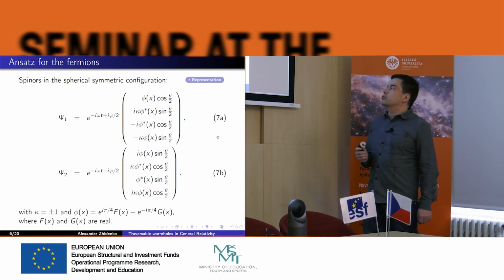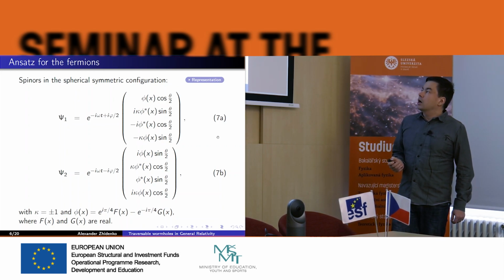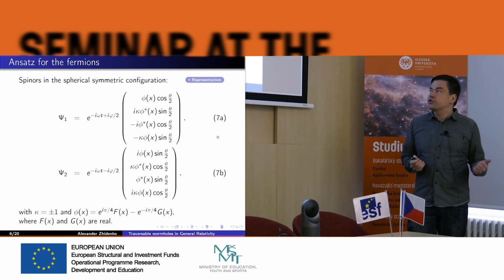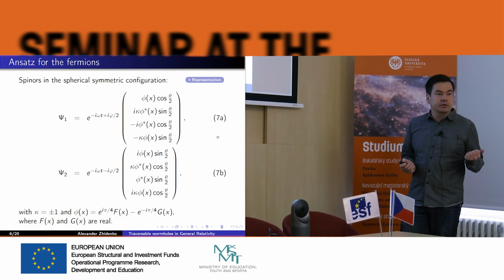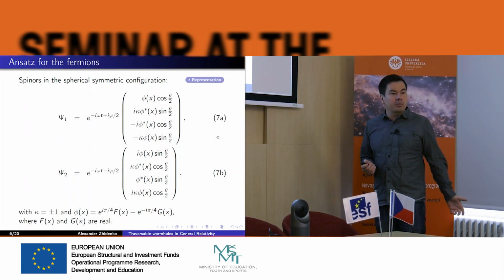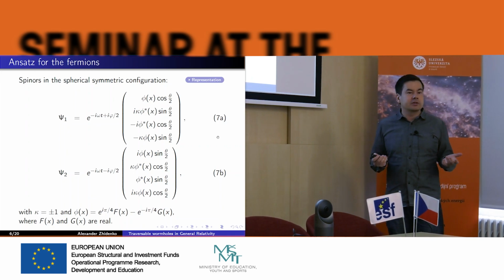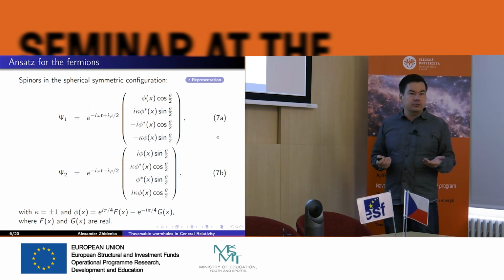Two fermions which we include here, we need actually two fermions with the same mass and charge, just because otherwise we don't have spherical symmetry, because one fermion cannot have spherically symmetric configuration because of spin 1/2.